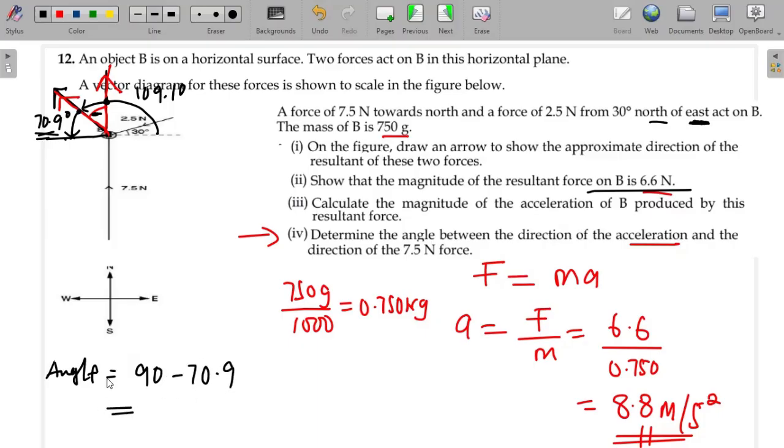This gives me 19.1 degrees. So that is the angle that will be there. The angle will be 19.1 degrees between the direction of the acceleration and the direction of the 7.5 newton force.